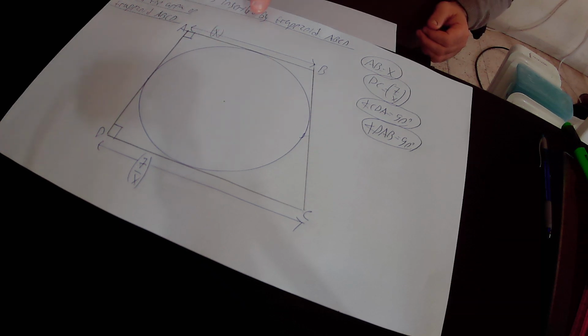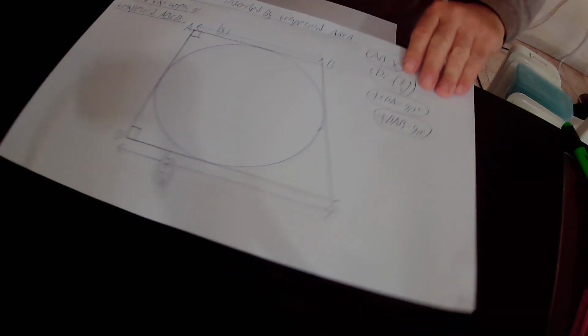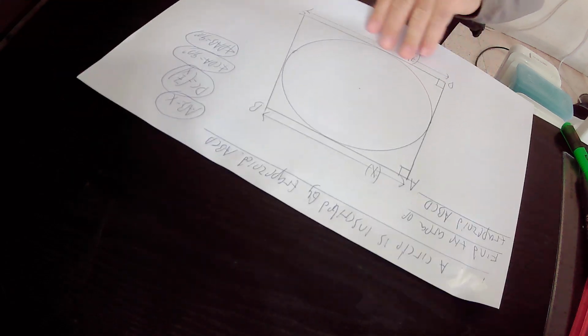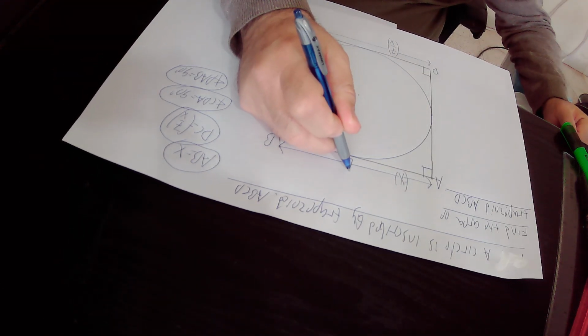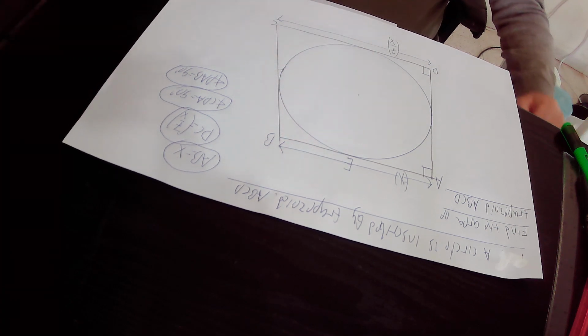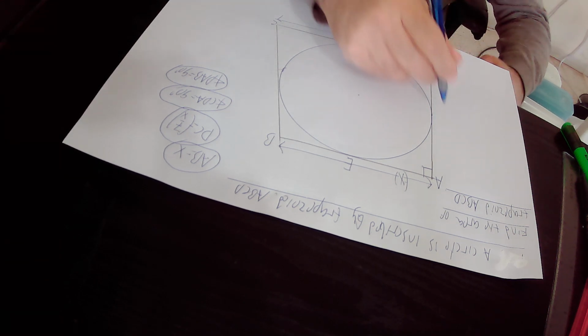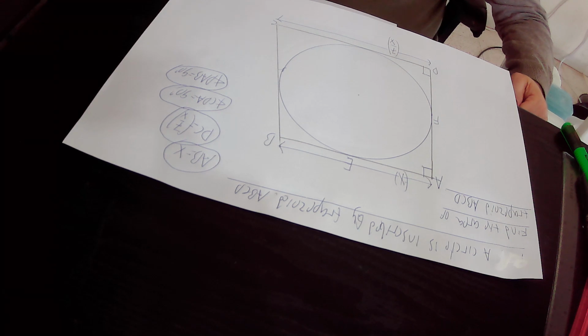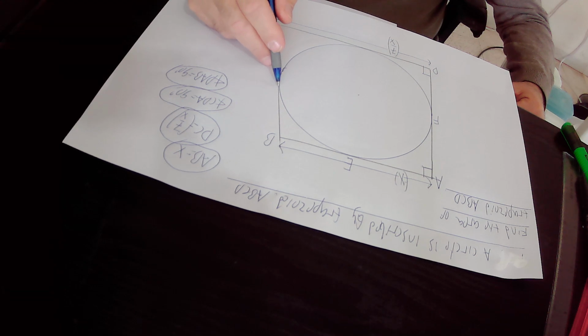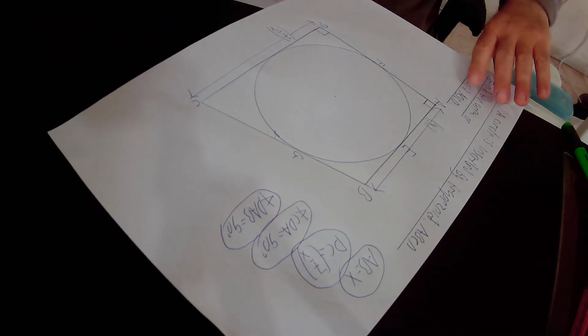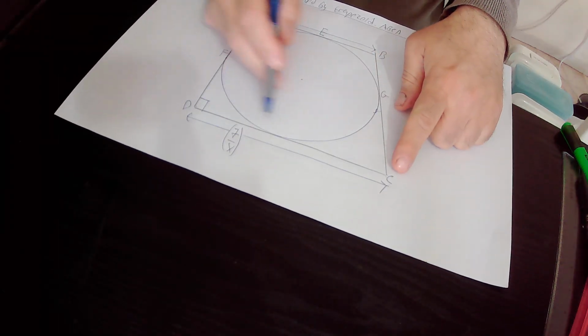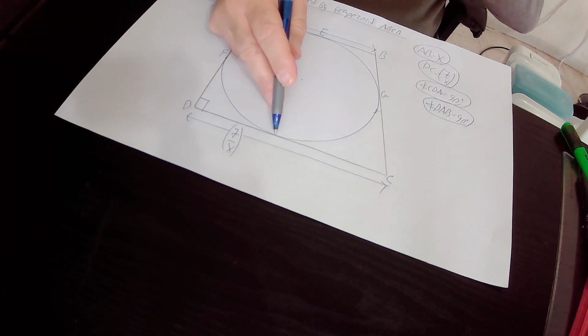We define the point of tangency of side AB with this circle, this point E. We define the point of tangency of side AD with this circle, this point F. We define the point of tangency of side BC with this circle, this point G. And finally, we define the point of tangency of side DC with this circle, this point H.